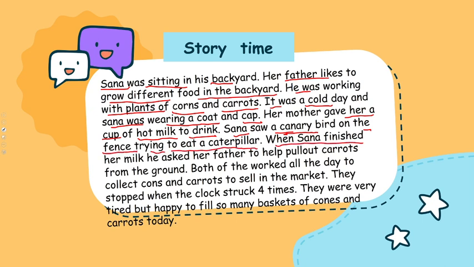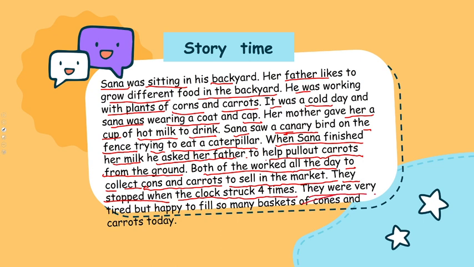When Sana finished her milk, she asked her father to help pull out carrots from the ground. Both of them worked all day to collect corn and carrots to sell in the market. They stopped when the clock struck 4 times.